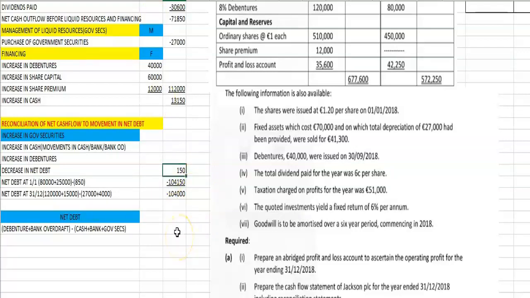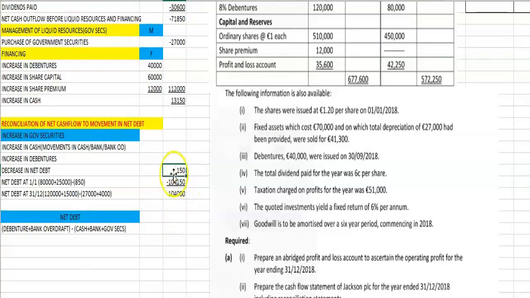So how did that decrease come about? Well, any movements in any of these elements here will cause a movement in the net debt. So what we need to do now is have a look at movements in debentures, bank overdraft, cash, bank and government securities, and take each one of those in turn and have a look at how that would have affected the net debt.